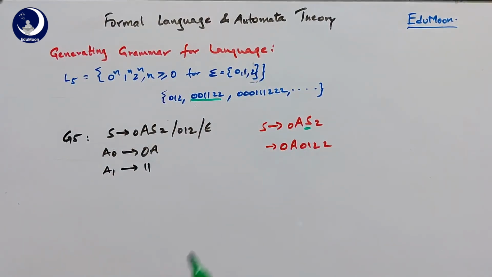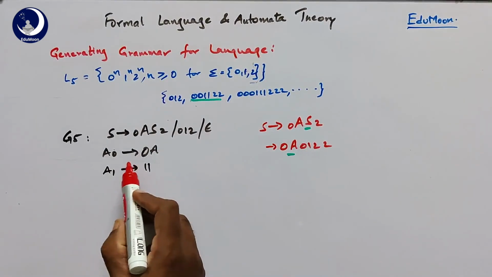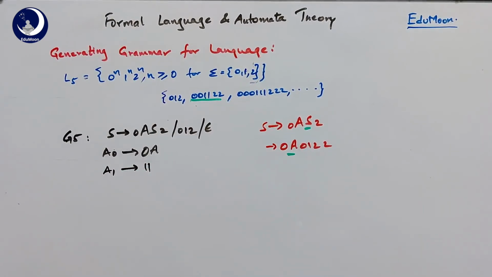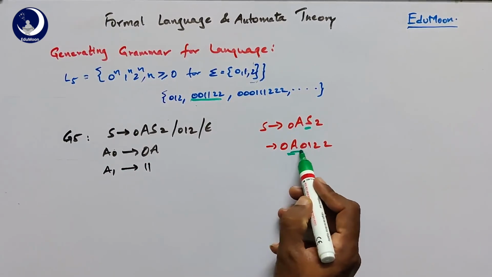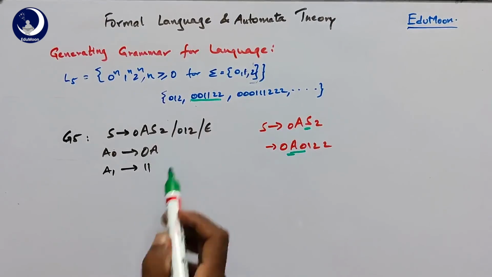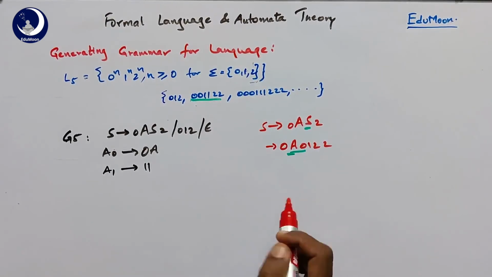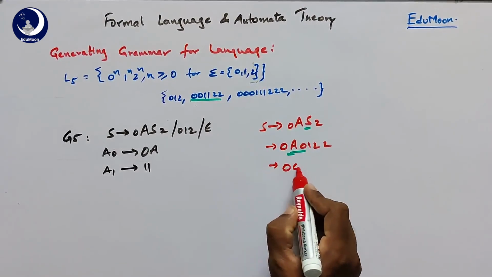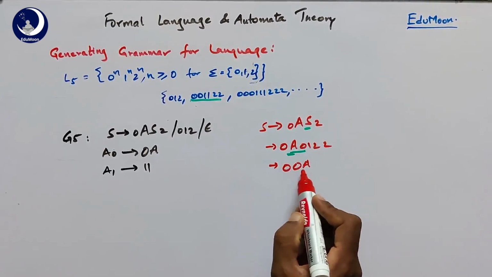Now we produce A using the production rules. A0 is substituted using 0A, which just swaps the two symbols, A0 to 0A, using this production rule.